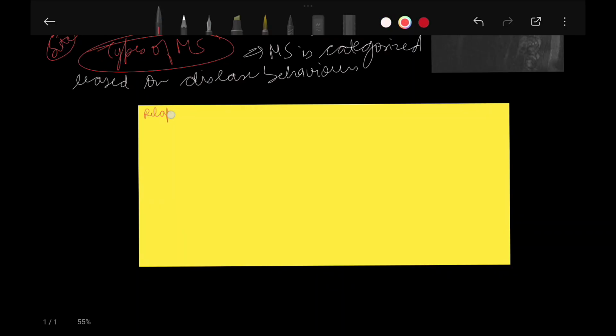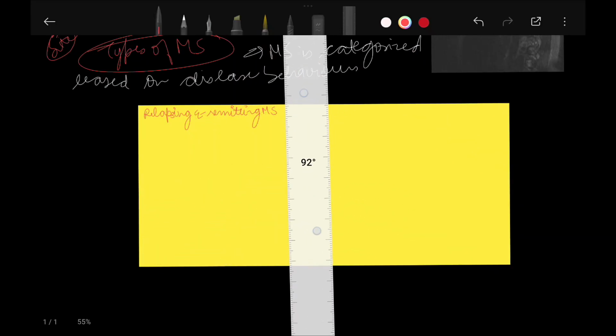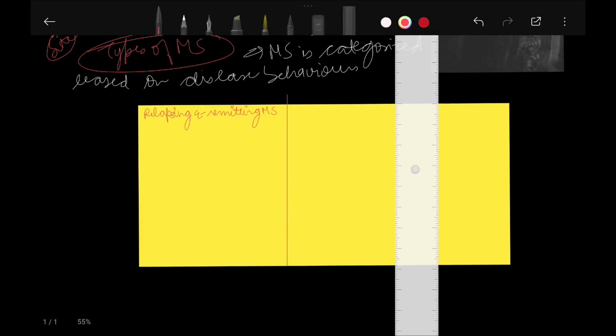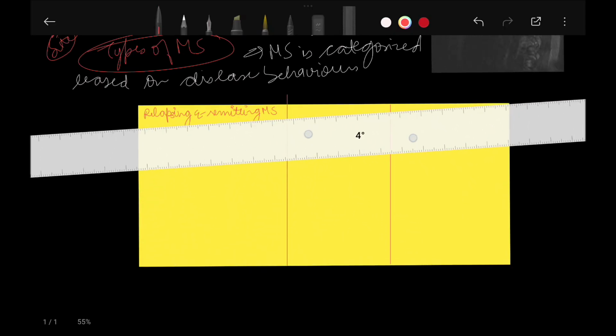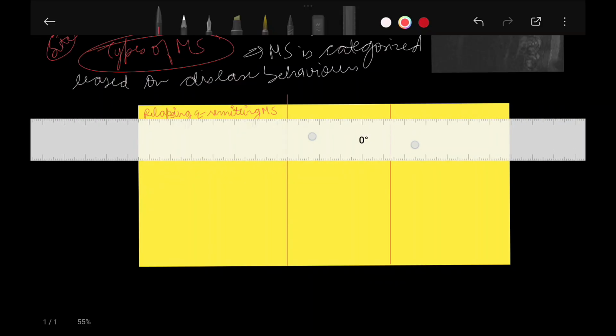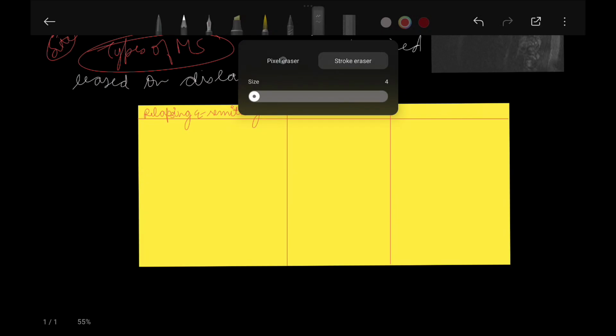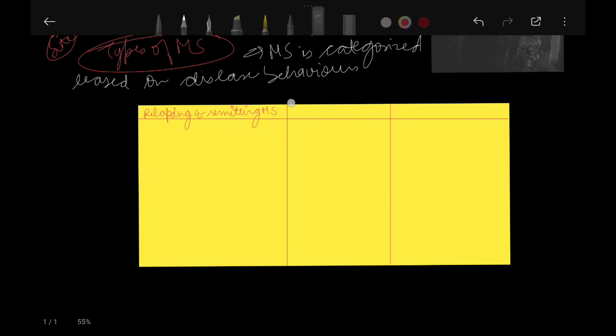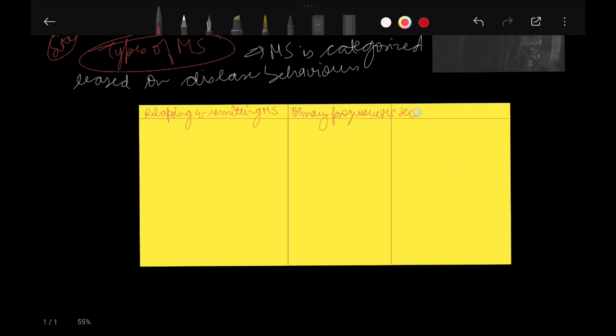So it can be relapsing and remitting multiple sclerosis, then primary progressive multiple sclerosis and secondary progressive multiple sclerosis.